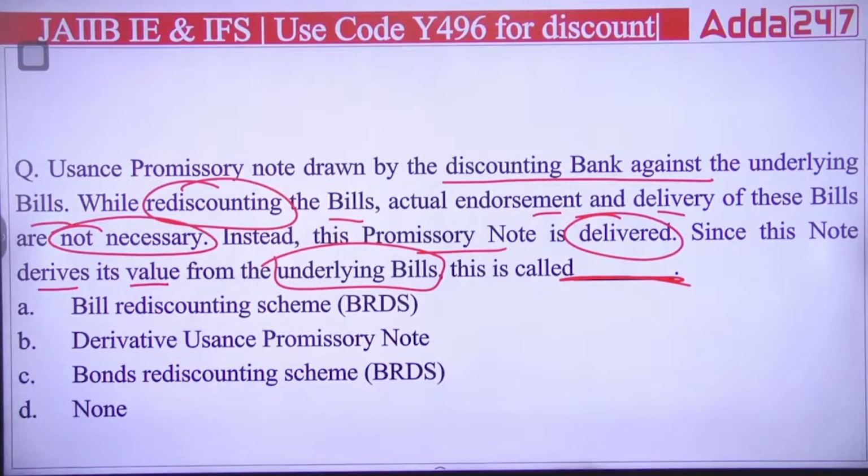A, B, C or D? BRDS, DUPN or BRDS again. First is saying bill rediscount scheme, third is saying bonds rediscounting scheme. So you have to answer which of the following is correct. A, B, C or D?